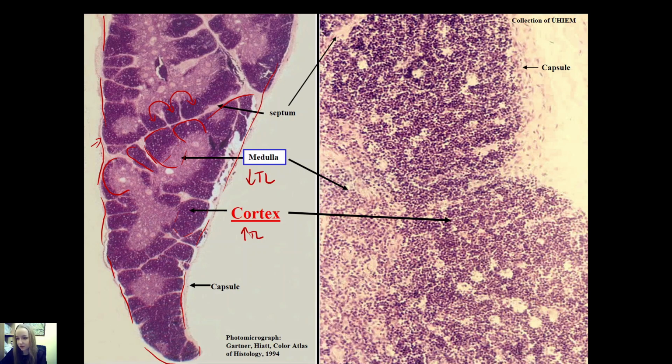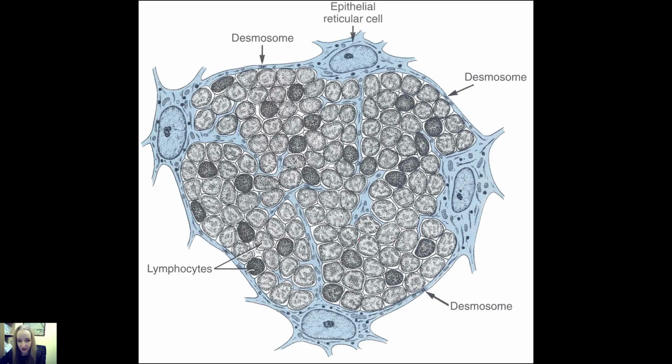This is a higher magnification, so here we have a nice capsule around the thymus, and the lighter area over here is the medulla, and this is the cortex. The supporting structure once again is the reticular epithelial cells. So don't say just reticular cells, because that's not true. These are reticular epithelial cells.